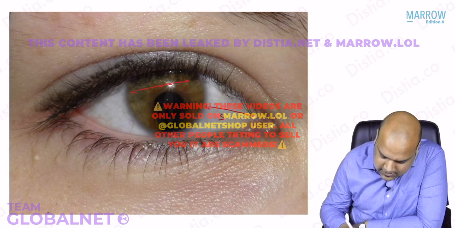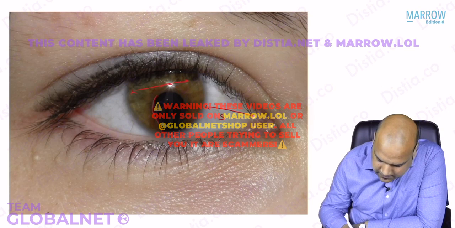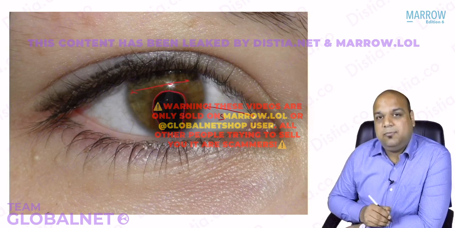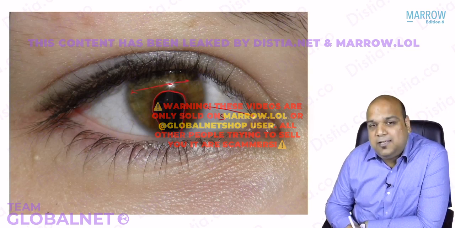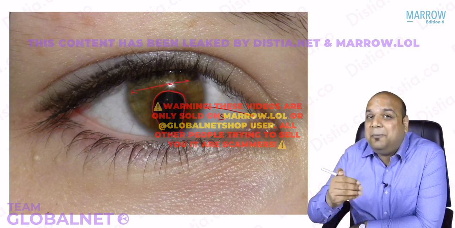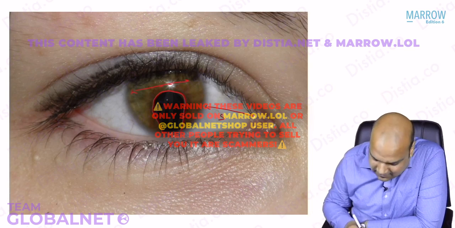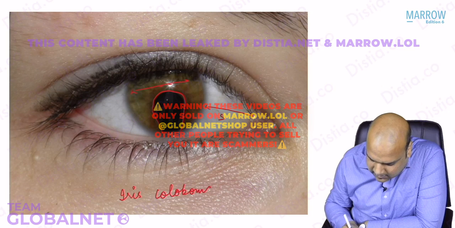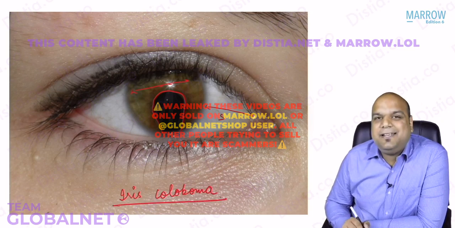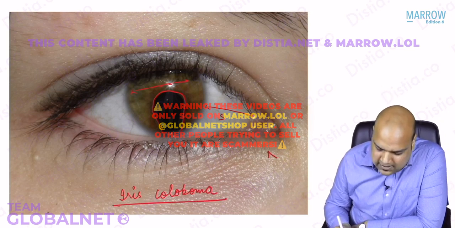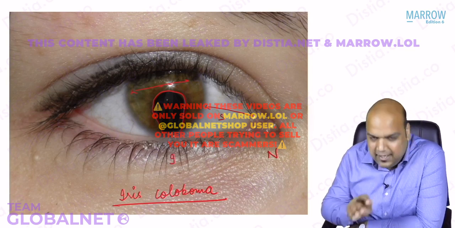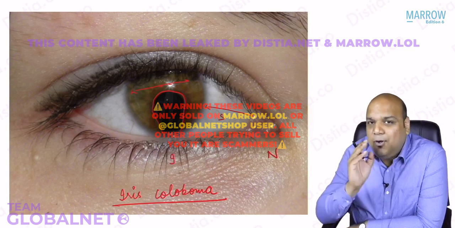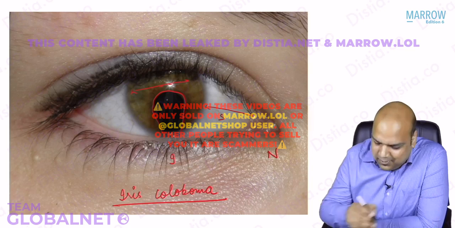Instead, what is the pupil you see? Inferiorly, there is no iris tissue. Because inferiorly there is no iris tissue, that means we are saying missing part of iris, and that is why our diagnosis here is iris coloboma. And as I said, most commonly it is found inferonasally. So you will see this is the nasal side, this is the inferior side, and it is slightly directed inferonasally. I hope we are clear about this.